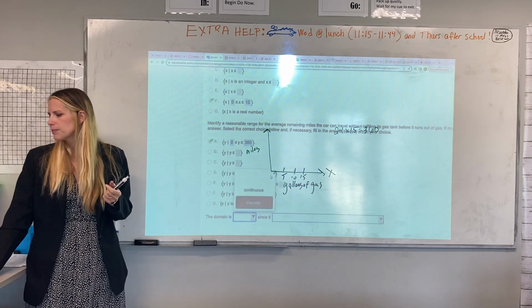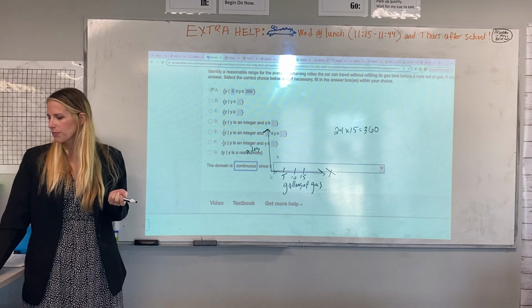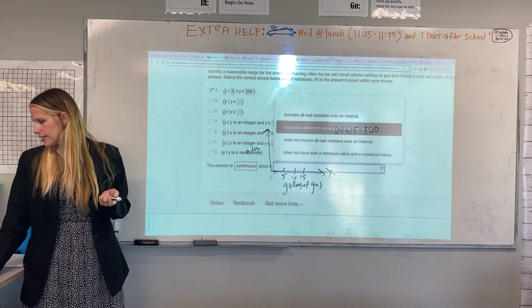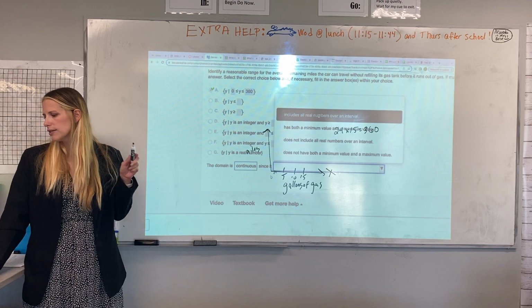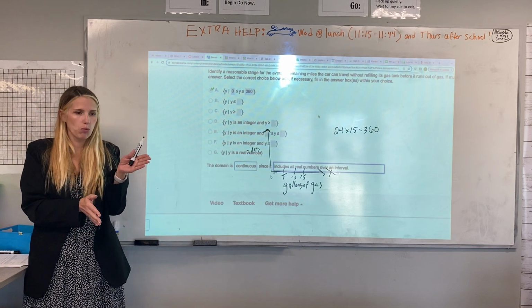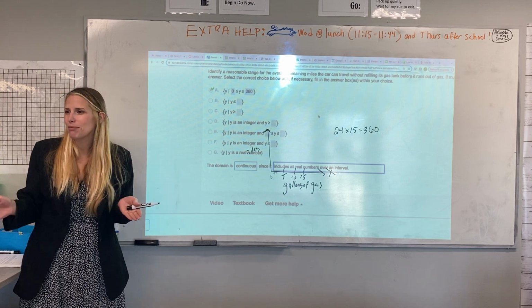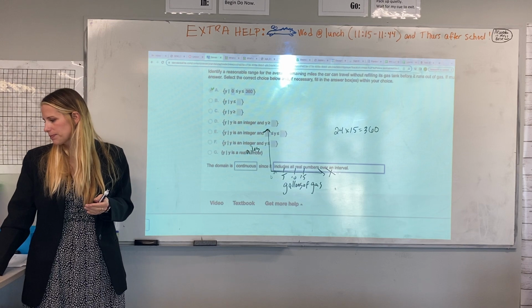It's going to be continuous because it doesn't hop from gallon to gallon, it pulls it in. Since it includes all real numbers over each interval, the interval from 1 gallon to 2 gallons includes all of the numbers in between 1 and 2.